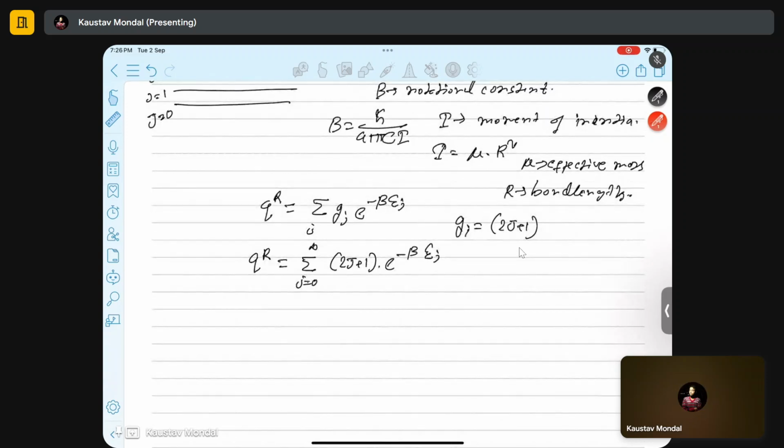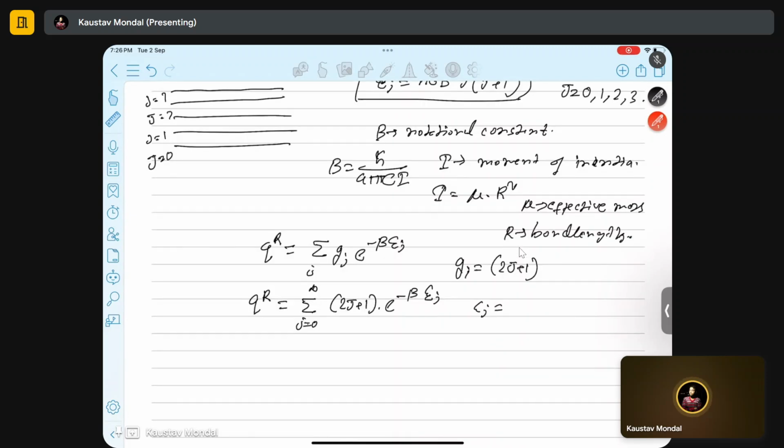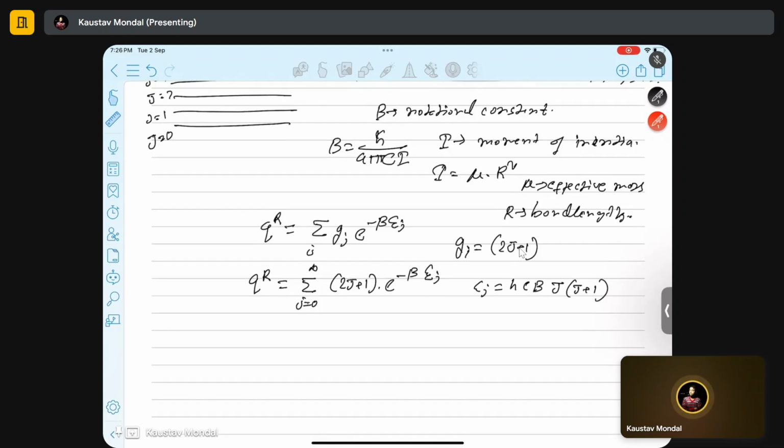So E_J equals, yeah, you already know the energy of the Jth state is basically hcB, where B is the rotational constant, times J into J plus 1. This is the expression of the energy E_J.